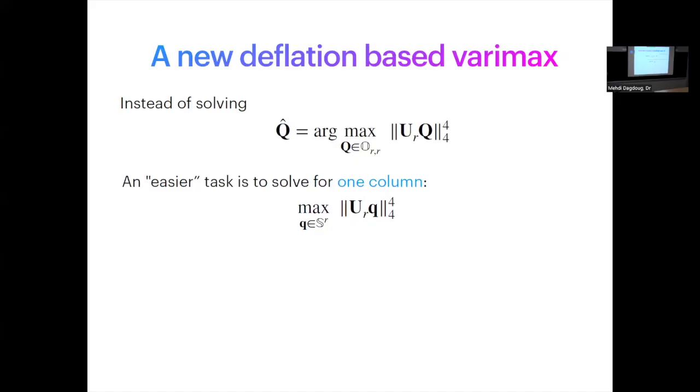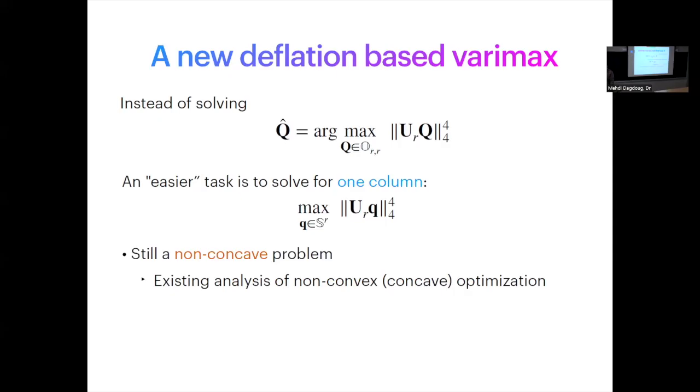Essentially we are trying to solve this Q matrix column by column. I would like to understand if I can solve one column first, and then think about how to extend this to solve the whole matrix. For one column, this corresponds to the following optimization, where we are maximizing over this unit sphere. Because of the unit sphere, it's still a non-concave problem, right? So it's not a convex set.